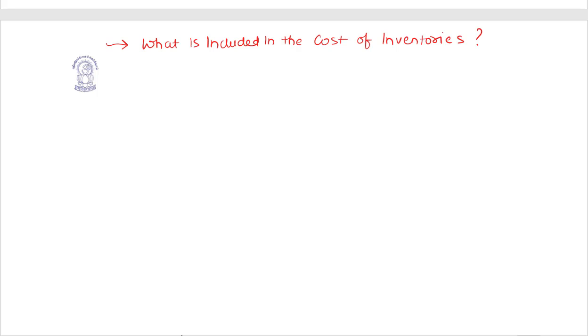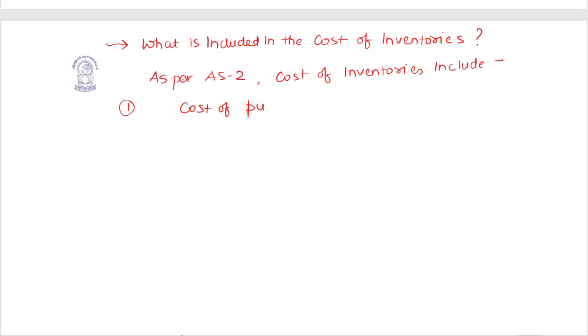As per AS 2 valuation of inventories, cost of inventories include number 1, cost of purchase.